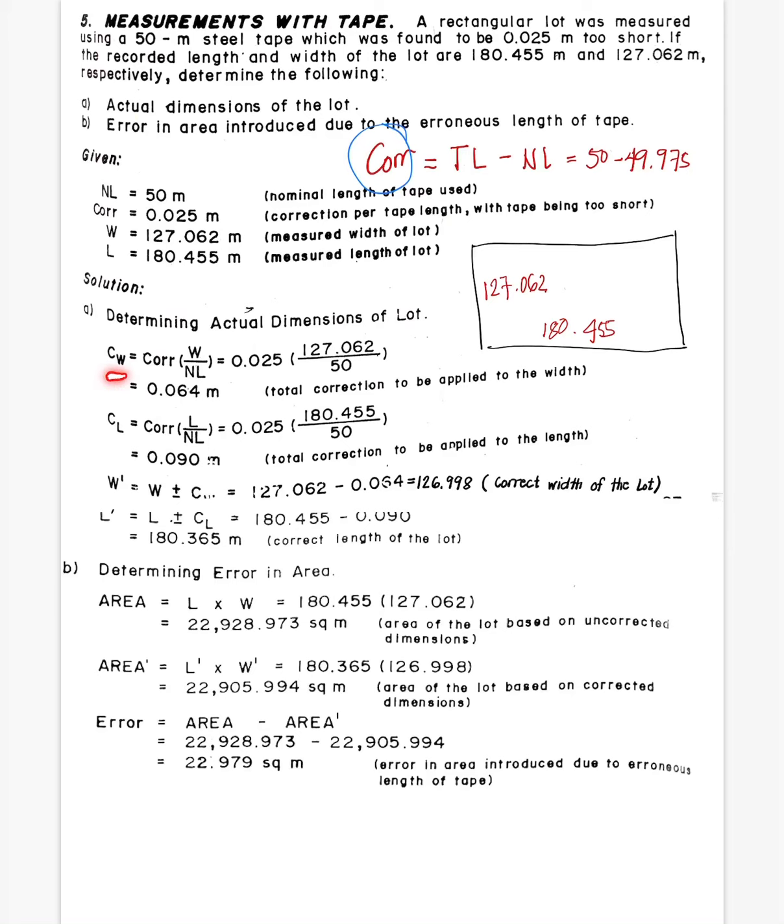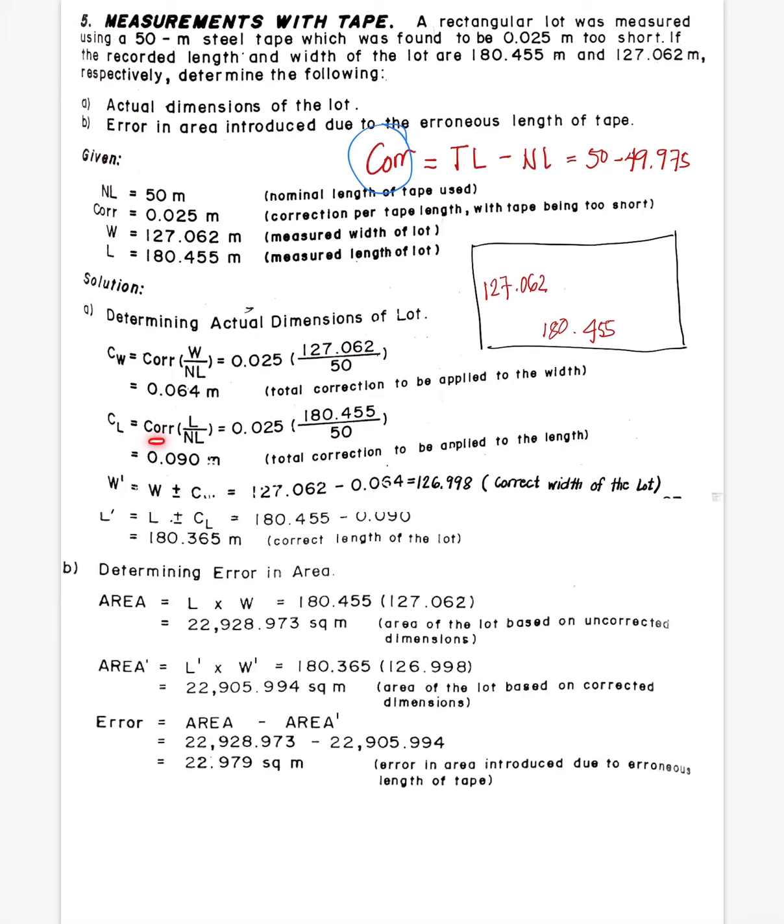Okay, so to continue, you have the correction for the width, that is correction multiplied by the width given, divided by the nominal tape length. Okay, so you have the correction, and then the width, and then the nominal tape length. So you have the correction for the width, that is 0.064.